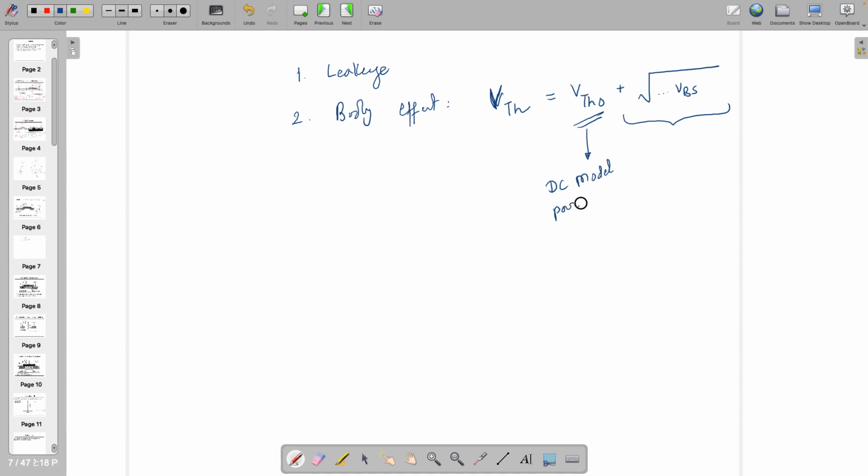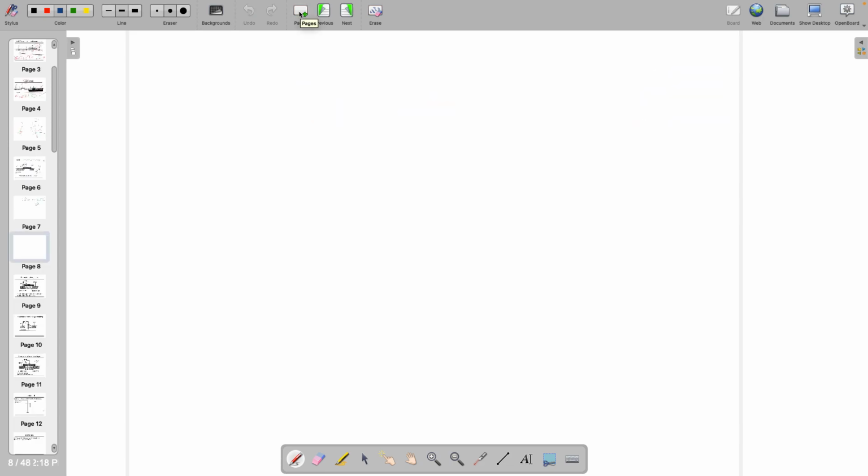Do we understand this? Punit, do they understand DC model parameter? Okay. So, what have you done in your laboratory? A little bit louder so others also can hear you. In the previous lab, we designed the NMOS.